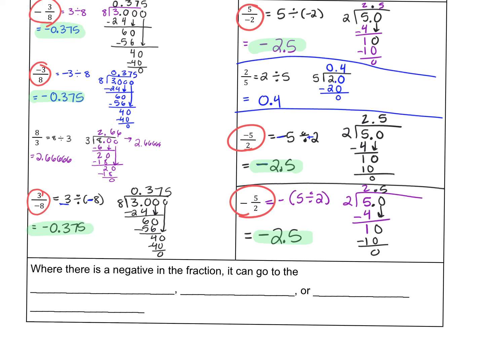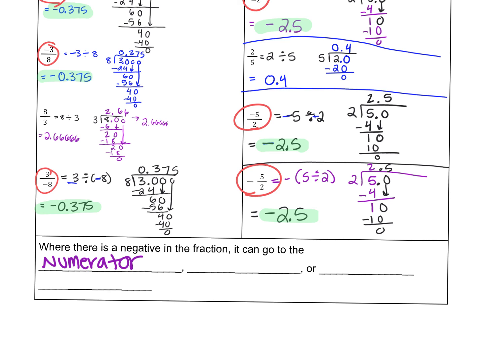So if there's just one negative in the fraction, it can go to the numerator. So like we had negative 5 over 2. It can go to the denominator. So 5 over negative 2.